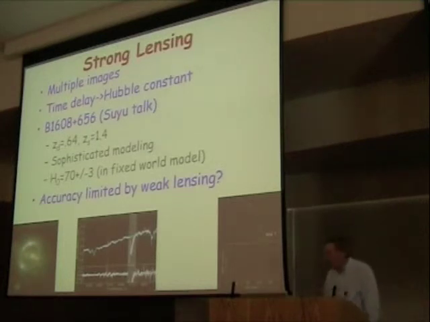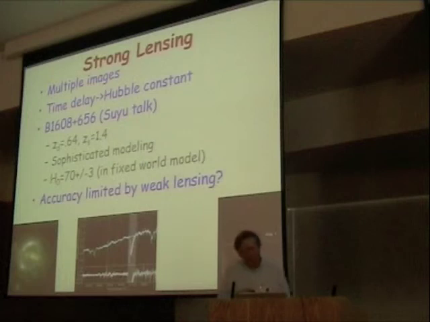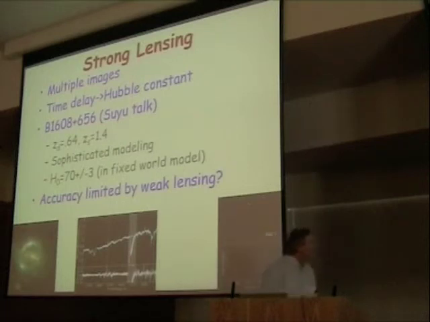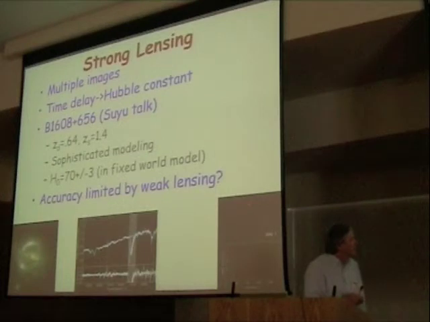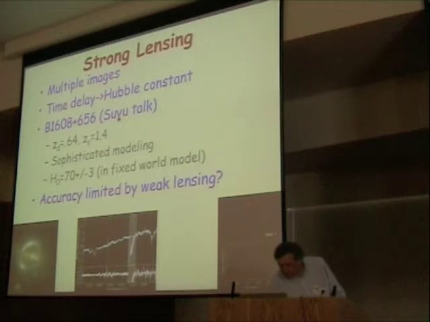And if you follow this roughly as a measurement, then you're now at the point where we believe that the accuracy of this determination is limited by the sort of weak lensing, the stuff along the line of sight. So that's what really got into this, and this is one of the spectra that was taken to get the velocity dispersion of the galaxy, which breaks the mass sheet degeneracy.